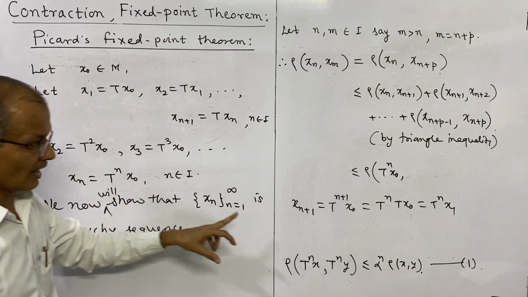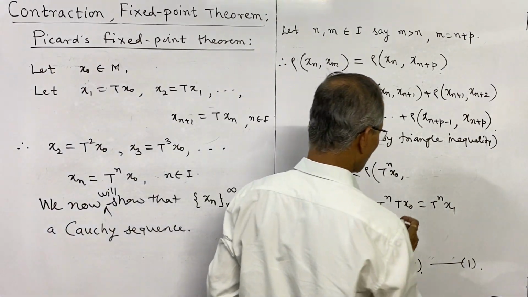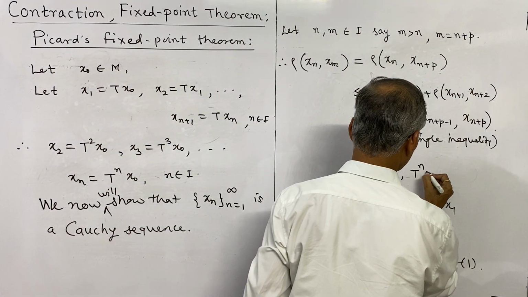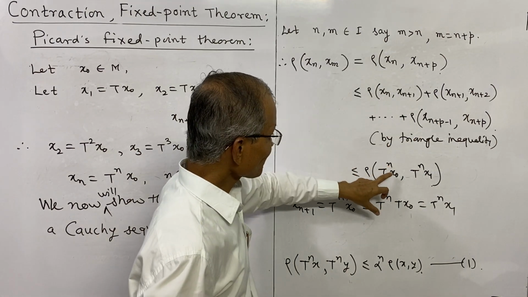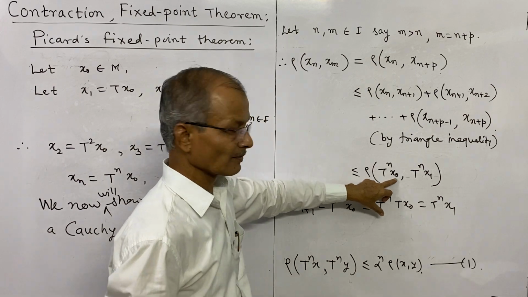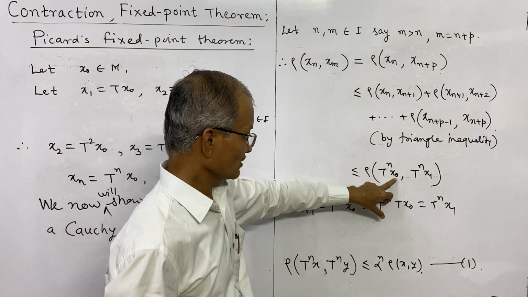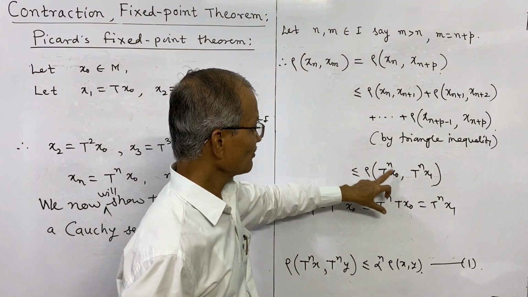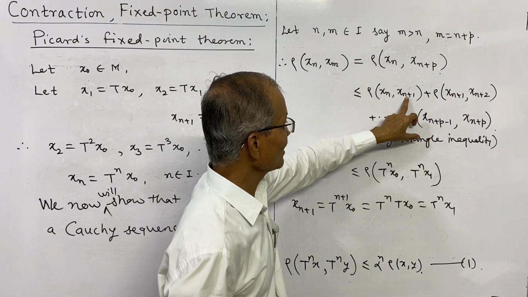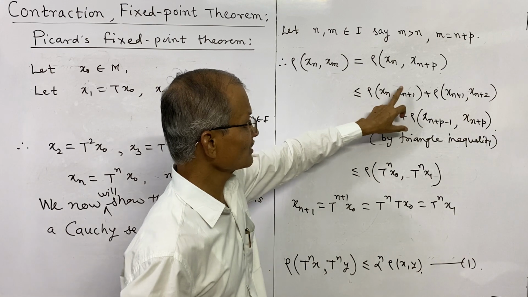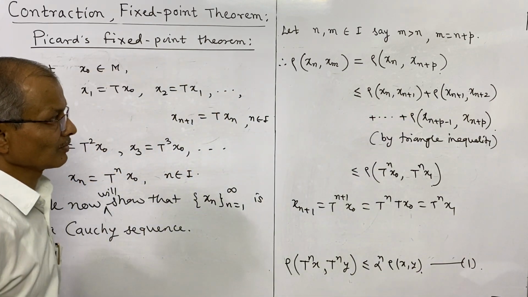So what is to be noted here is that the power and the suffix must be the number n. Here (n+1) is the suffix of this number x(n+1).